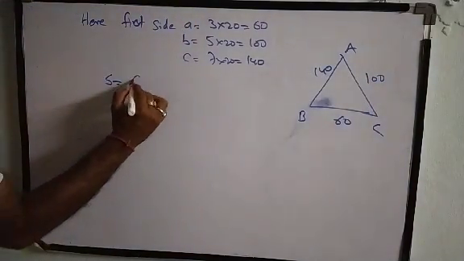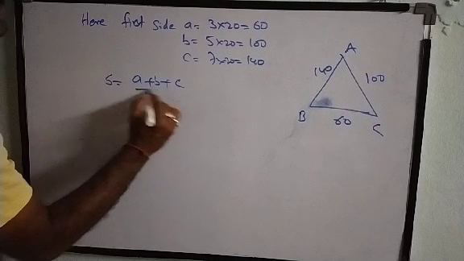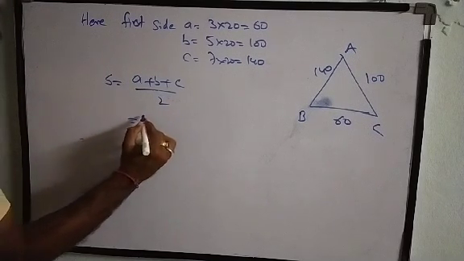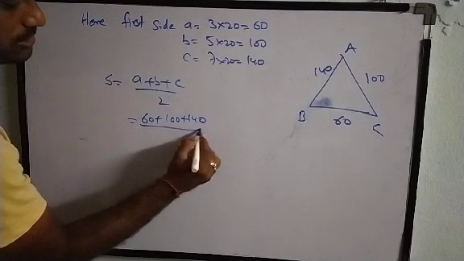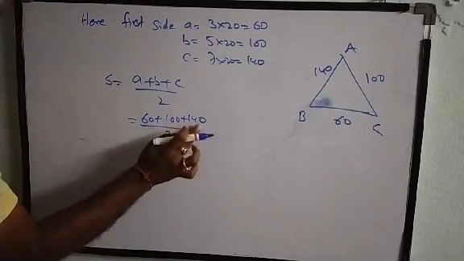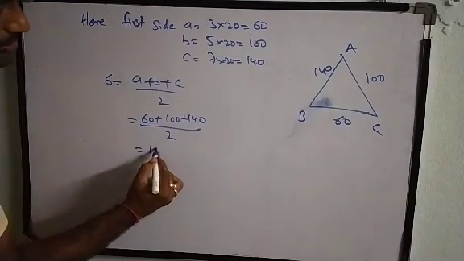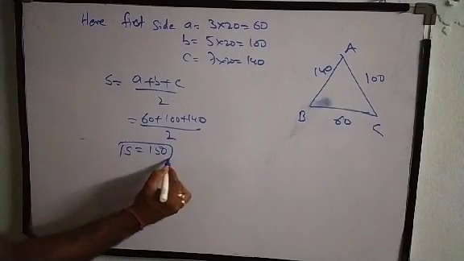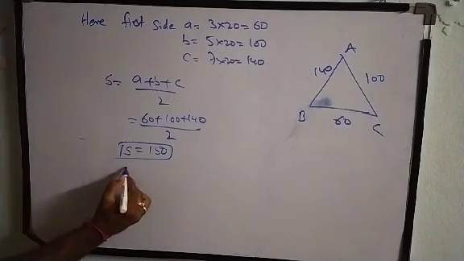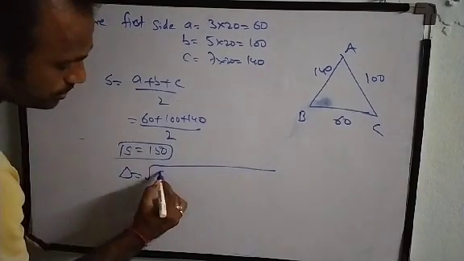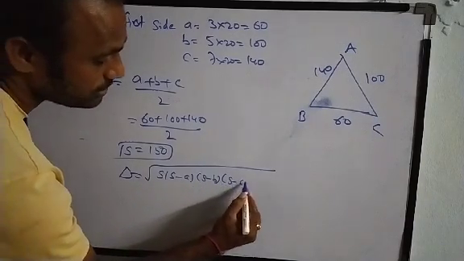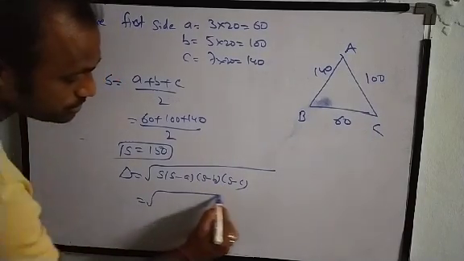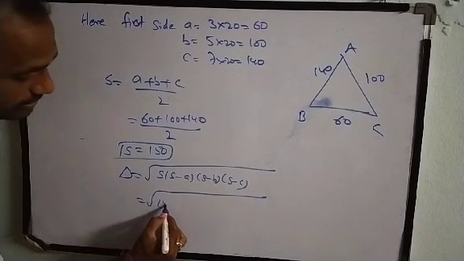So S we need to find, that is A plus B plus C by 2, which is 60 plus 100 plus 140 by 2. So 140 plus 60 is 200, 300 by 2 is 150. Semi perimeter is 150. So area of triangle delta is equals to root of S into S minus A into S minus B into S minus C, that is root of S is 150.